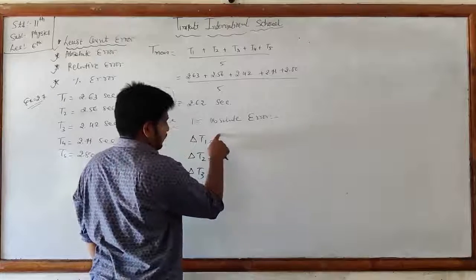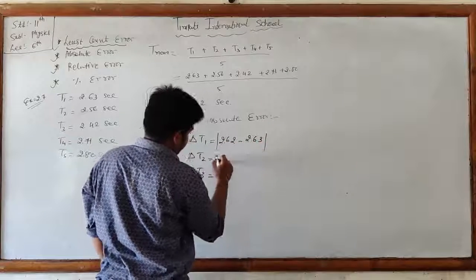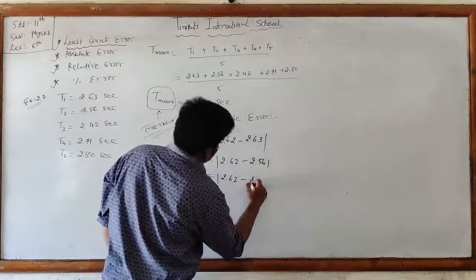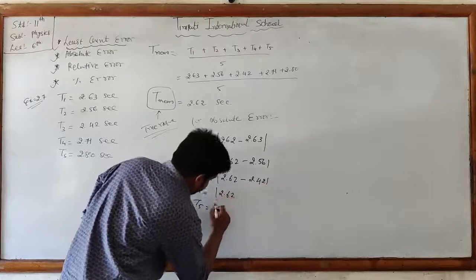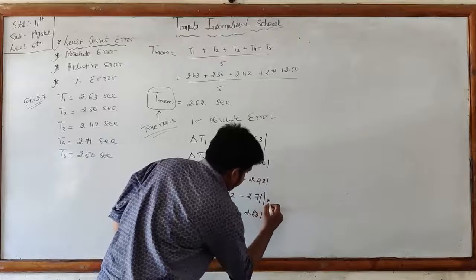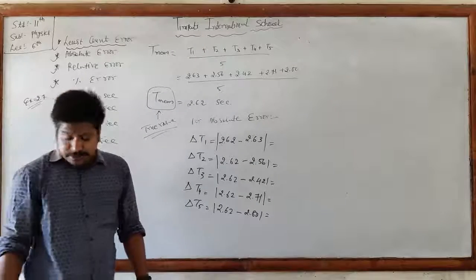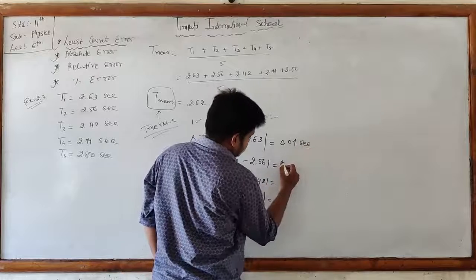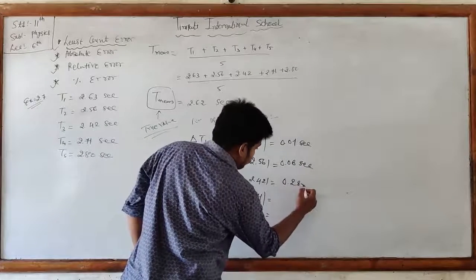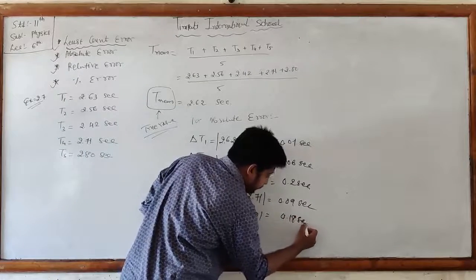We find T minus T1, so 2.62 minus the first observation 2.63, 2.62 minus 2.56, 2.62 minus 2.42, 2.62 minus 2.71, and 2.62 minus 2.80. Then you will get 0.01, 0.06, 0.2, 0.09, and 0.18 seconds.